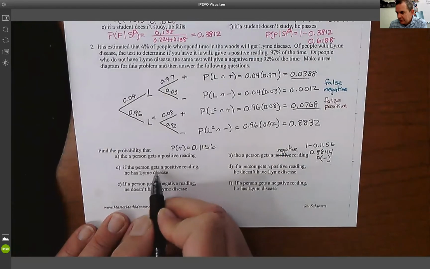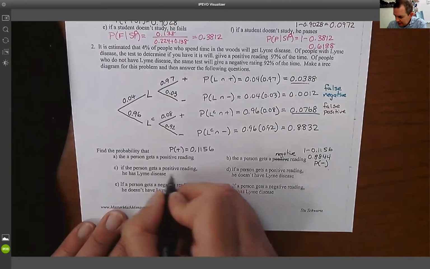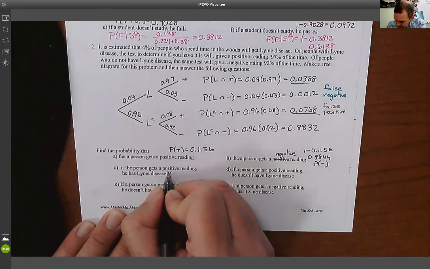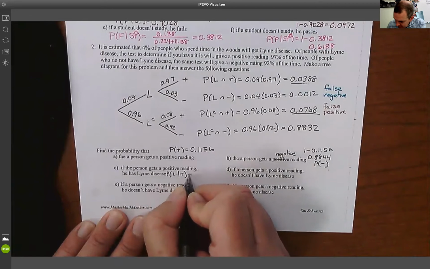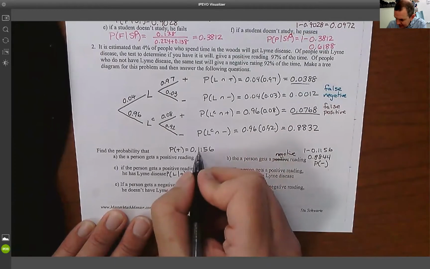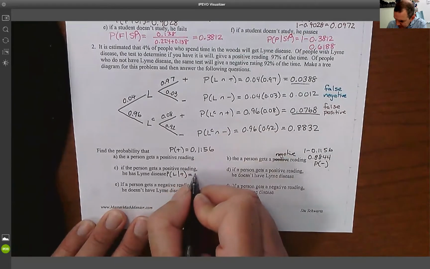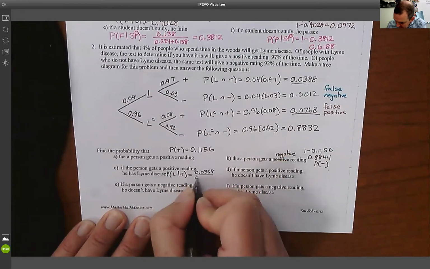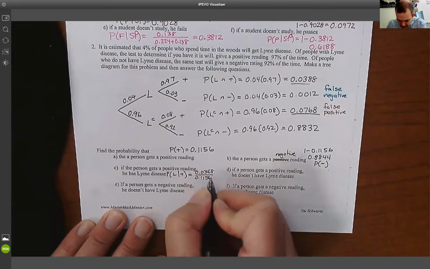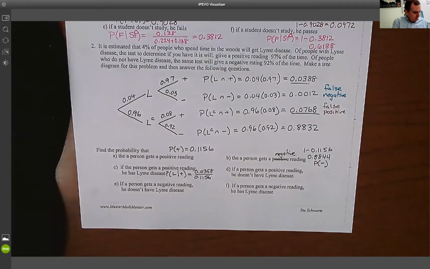If the person has a positive reading, what is the probability that they have Lyme disease given that they got a positive reading? That's saying what proportion of that 11% actually have it. So it's 0.0388 divided by 0.1156.